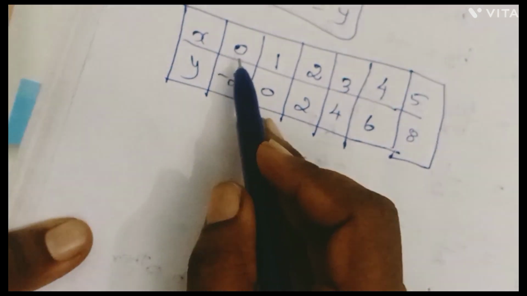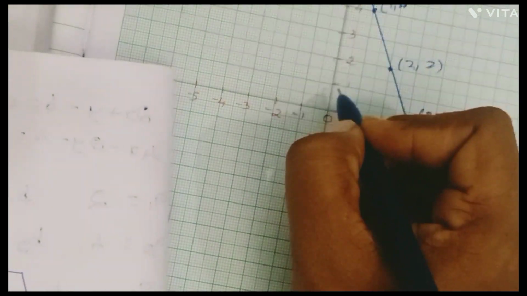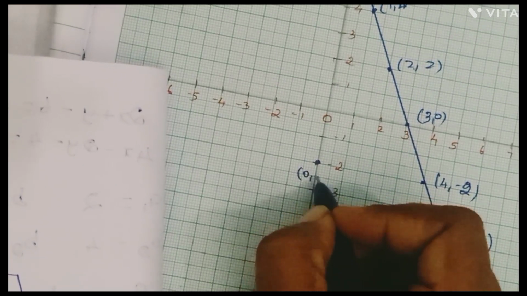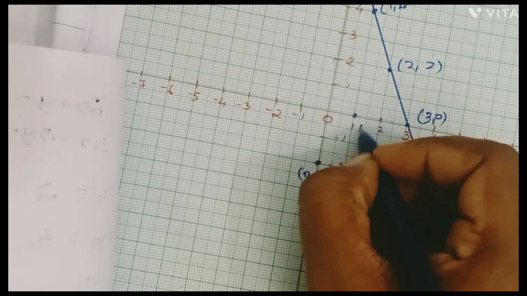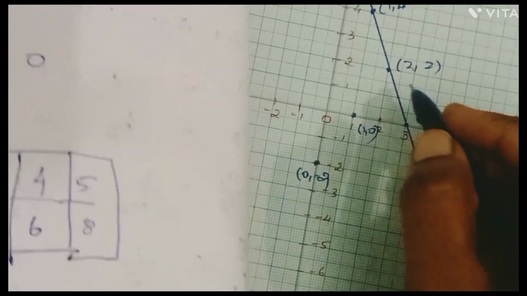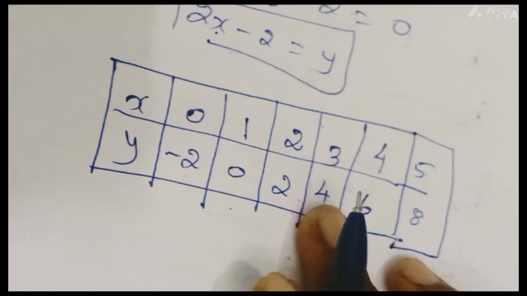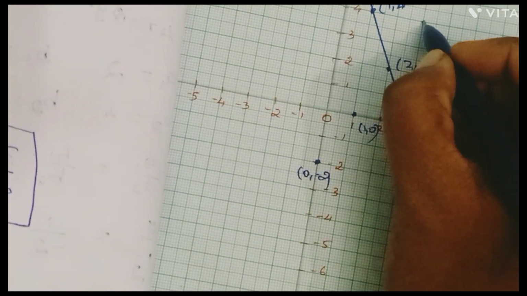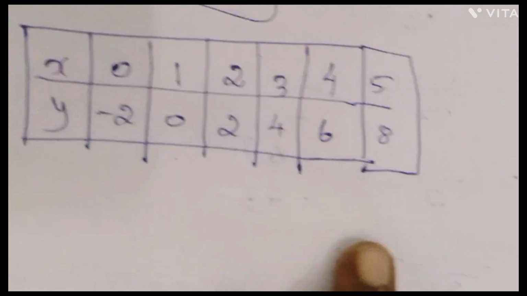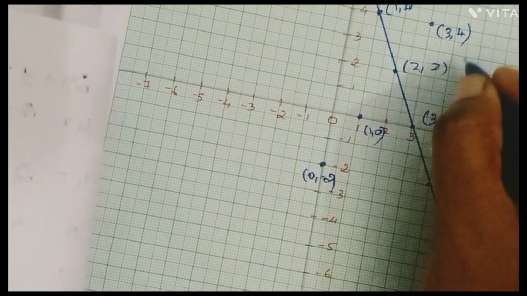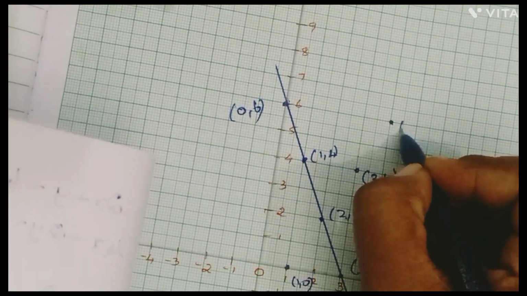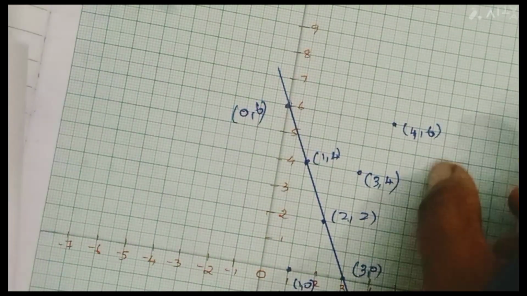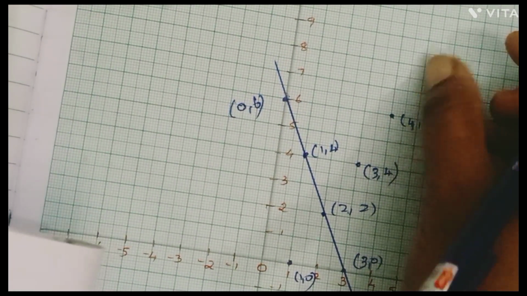The first pair 0, minus 2. 1, 0. 2, 2. 3, 4. 4, 6. 5, 8.